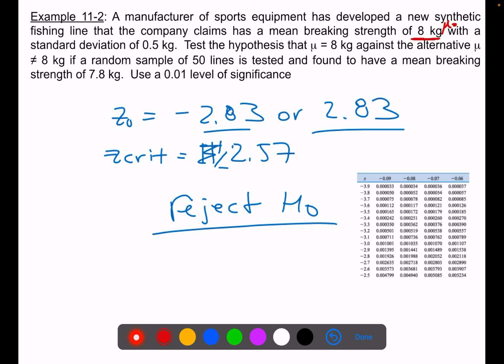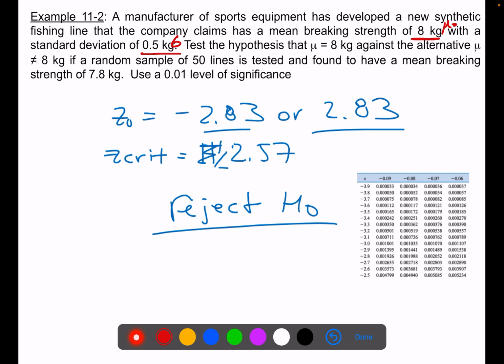The question never said that based on 20 samples or based on 50 samples. It never said based on sampling, right? So we don't know how the company calculated this number. So we assume that it's sigma, it's not S. But you're right. In real life, we almost never have sigma. We always have S.